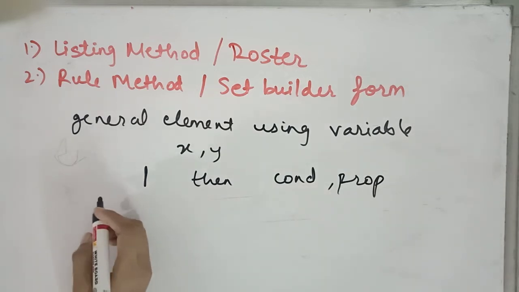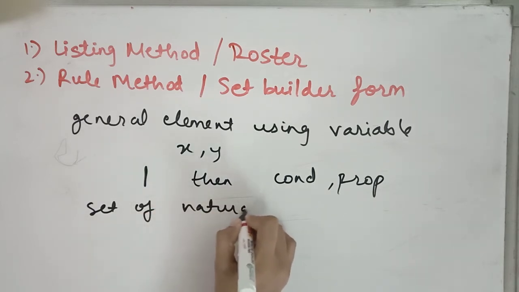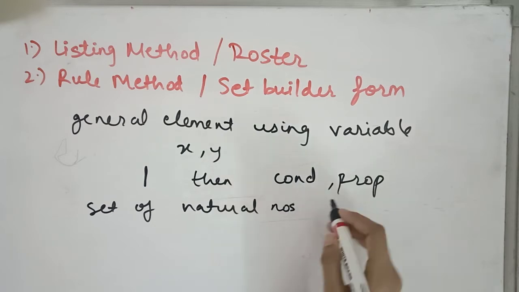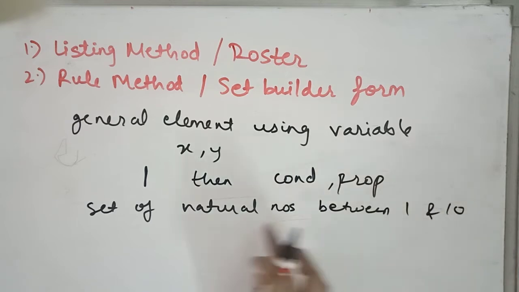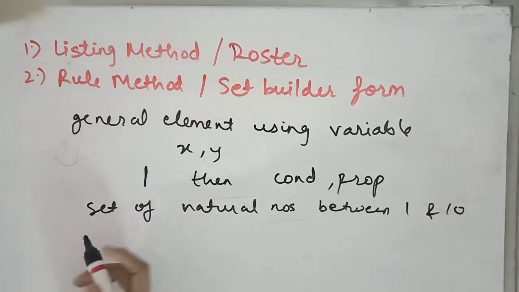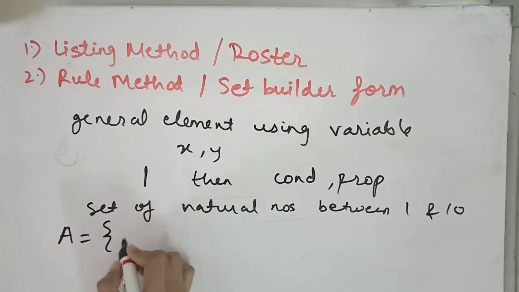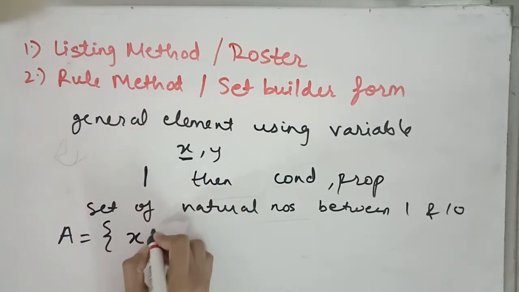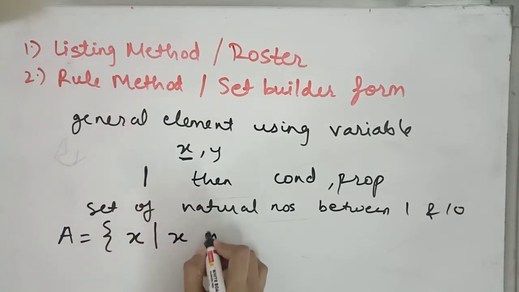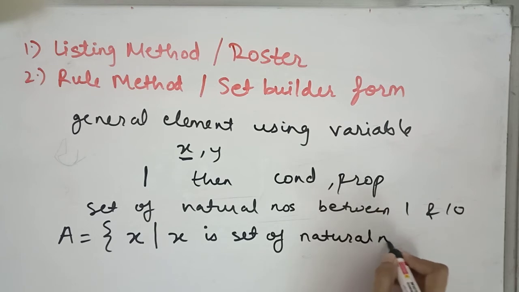For example, we have the set of natural numbers between 1 and 10. So we will represent it. A is a set of a general element, suppose x, such that, the vertical line, where x is a natural number.